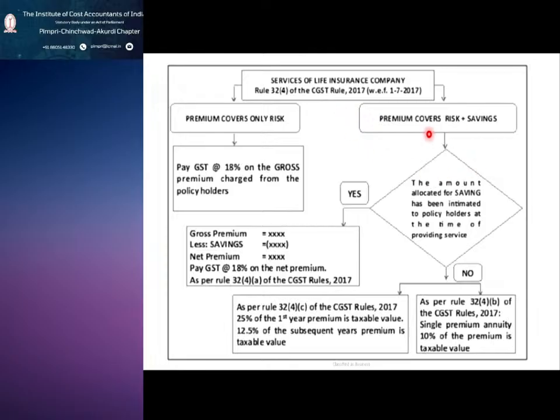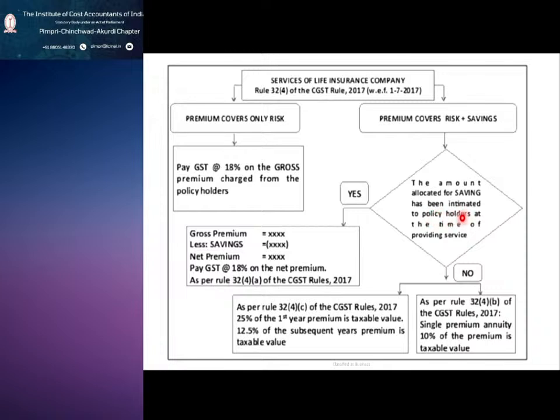If the premium covers risk plus savings, there is one more option: the amount allocated for saving is intimated to the policy holders at the time of providing service. If the premium has risk plus savings, whether the saving portion has been intimated to the policy holders at the time of providing the service is important.